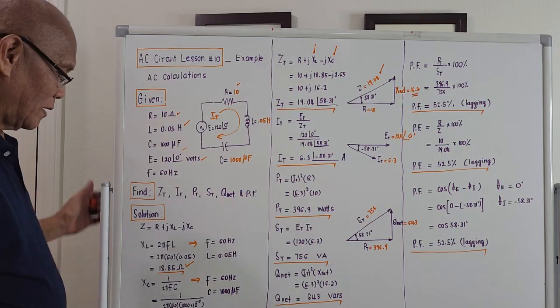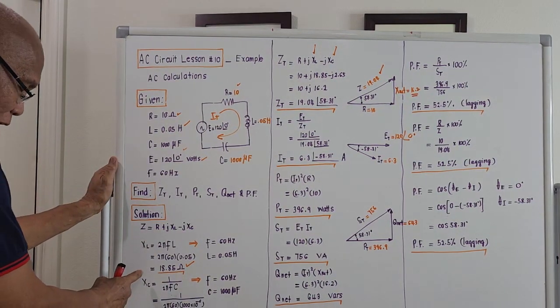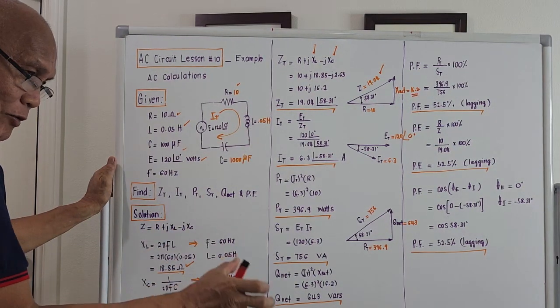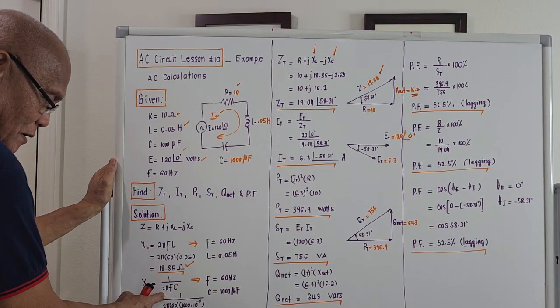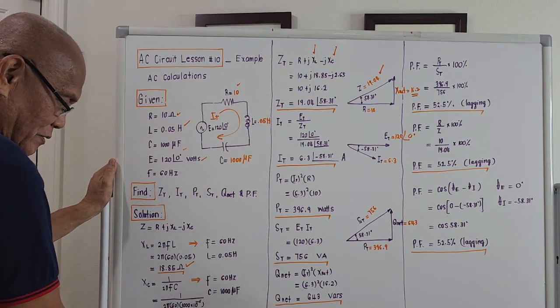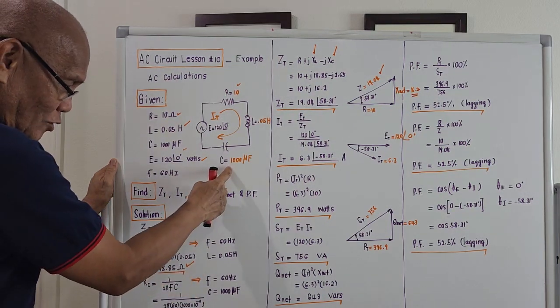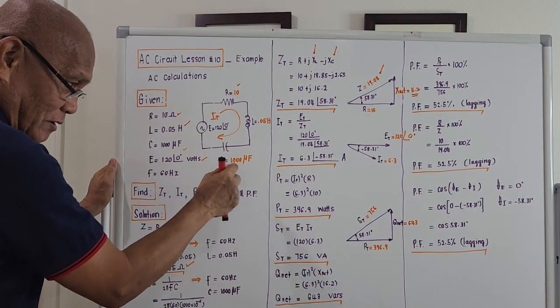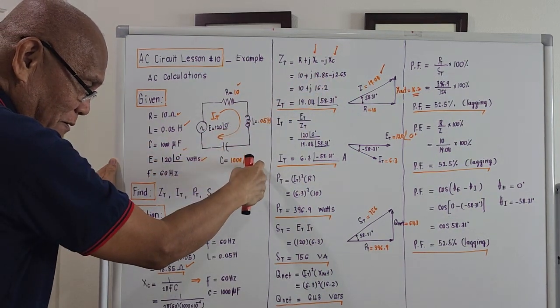Okay, that is X of L. How about the value of X of C? The formula to compute X of C is 1 over 2 pi FC, where the frequency is again 60 Hz and the capacitance is 1000 microfarad. Micro is 10 to the negative 6, a very small value in farads.